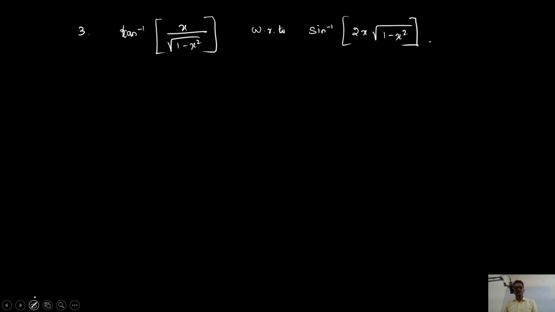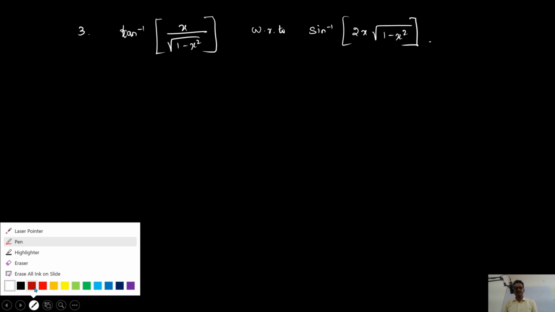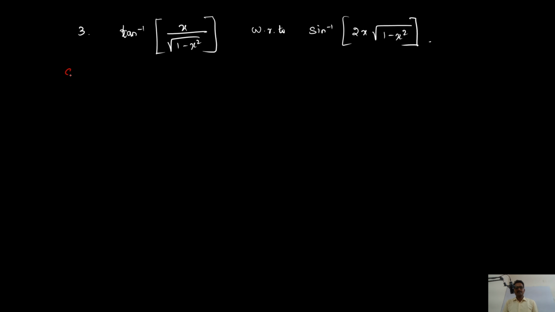So here also it's in the parametric form. For example, take m equal to tan inverse of x by square root of 1 minus x square, and n as sine inverse of 2x square root of 1 minus x square, where m and n are functions in terms of x.